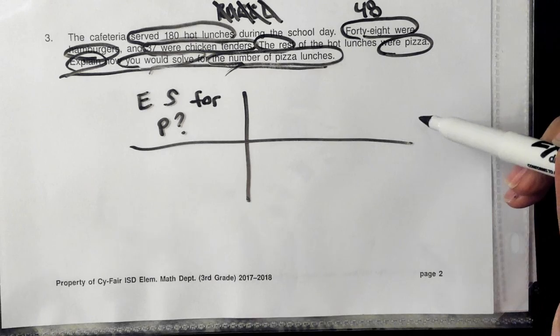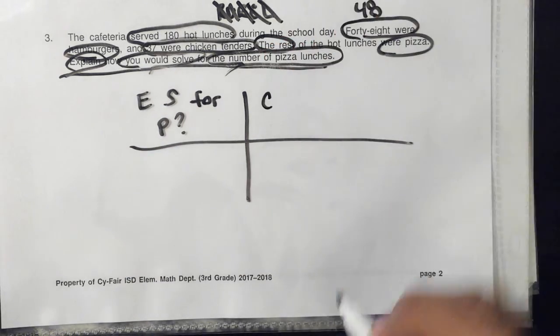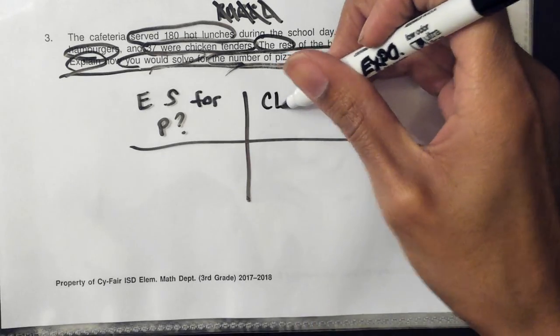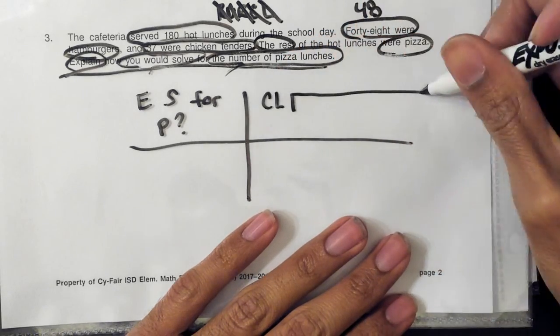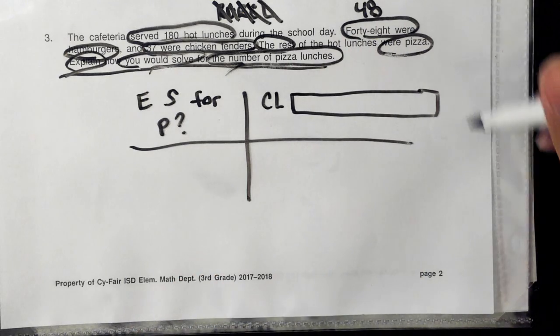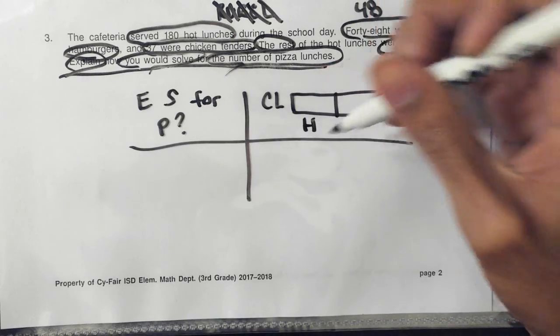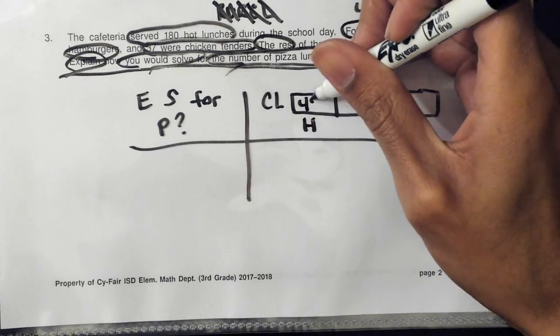How can I show that in a strip diagram? Well, I know that this is about the cafeteria. I know that they were selling lunches. So here's the cafeteria's lunches. I know that they sold hamburgers and that they sold 48 hamburgers.